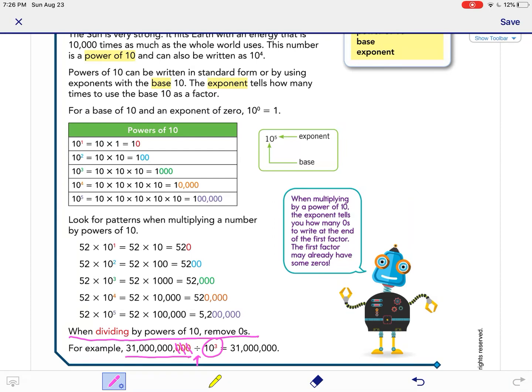All right, so if we put it in a nutshell, multiplying, that means you are going to add zeros. If you're dividing by a power of 10, that means you're going to subtract zeros. How many zeros are you going to add or subtract? However many the exponent tells you to.